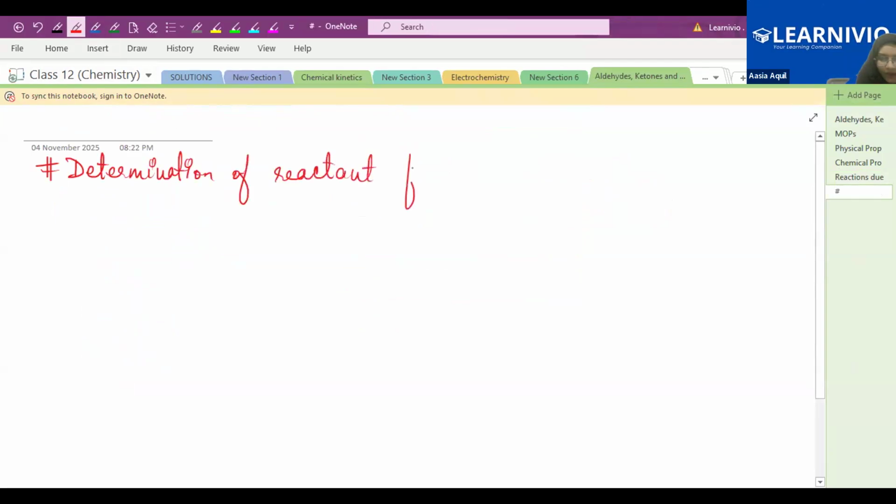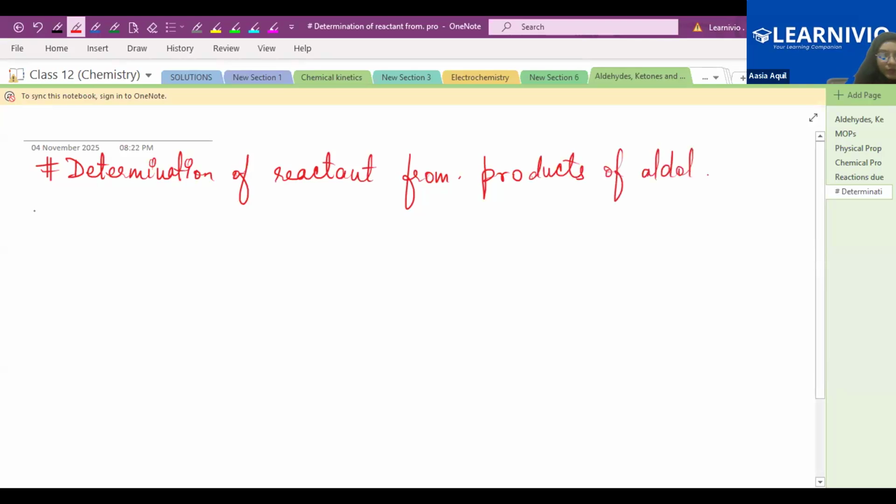If the question is asked in a different way, you will be given a product and they will ask you how you will determine the reactant. What will be the reactant for this product? This is a part of the aldol condensation, determination of reactant from products of aldol. ये भी आपको पता होना चाहिए.